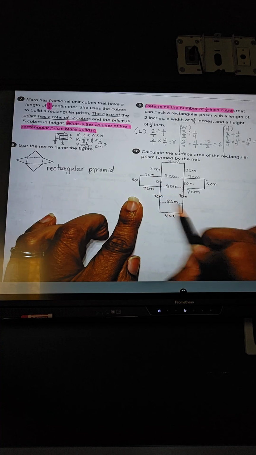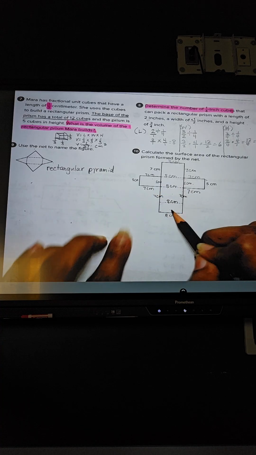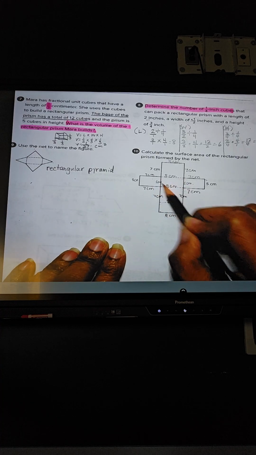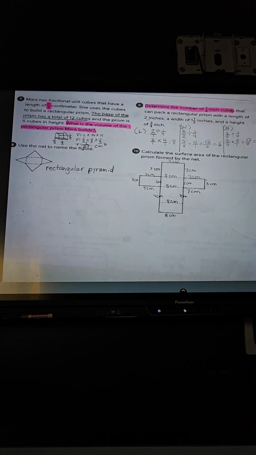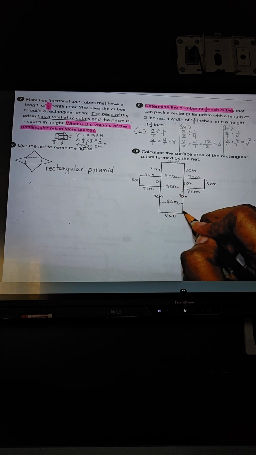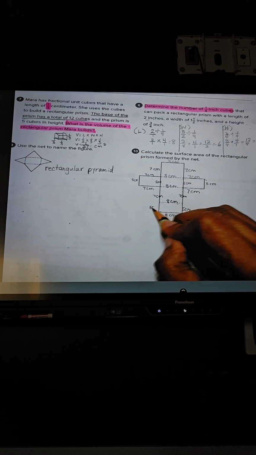Then we have the top of the box. The top of the box is going to be the same size as the bottom of the box. So when you're looking at this, the side that has more pieces is going to be the top of the box. So this little piece is going to be the top. So I know that it has to be the same size as the bottom of the box. So that means that this is 5 centimeters and this is 5 centimeters.